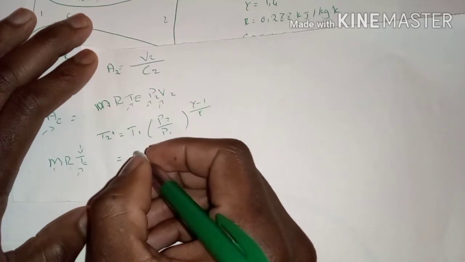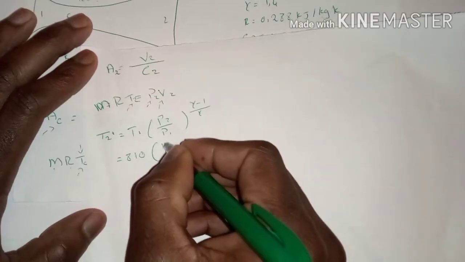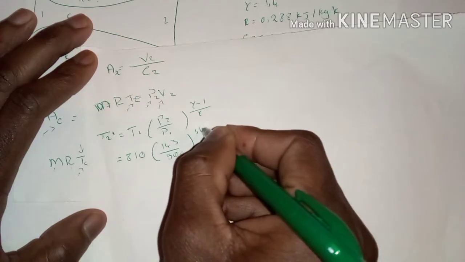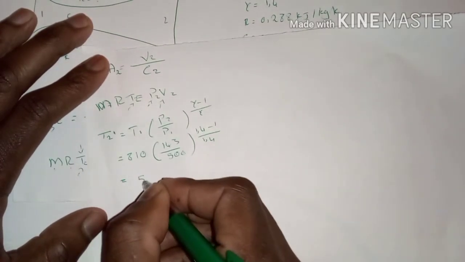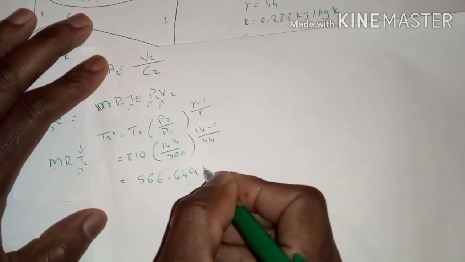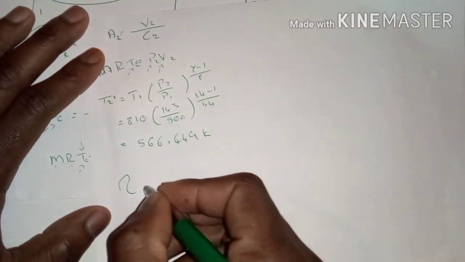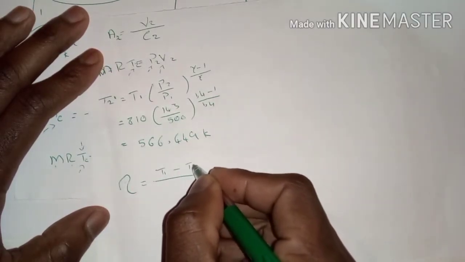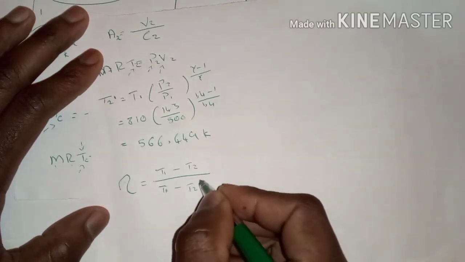So from here we substitute 810, 143, 500, 1.4 minus 1 divided by 1.4, which will give us 566.449 Kelvin. And then we are going to come here after that and say T1 minus T2 prime.